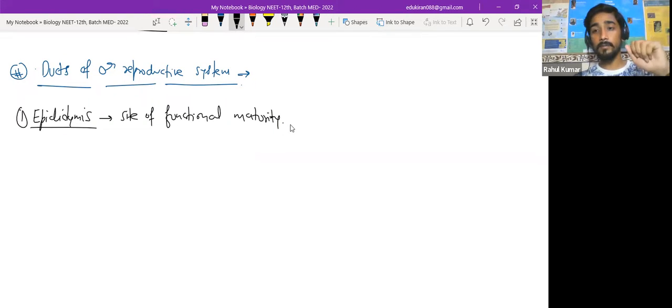On the basis of this, there is a question that has been asked. If we take a mature sperm directly from seminiferous tubule, and a sperm which is from Vas Deferens, how will the two sperms be different?